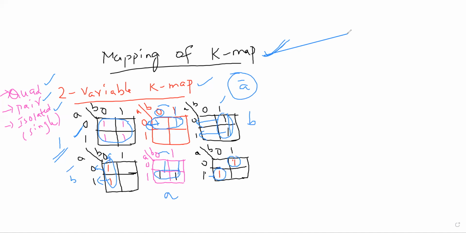Here we are having a into b bar, plus, for this, a bar is there, this is b, a bar into b. In this way we have to group in the K-map.